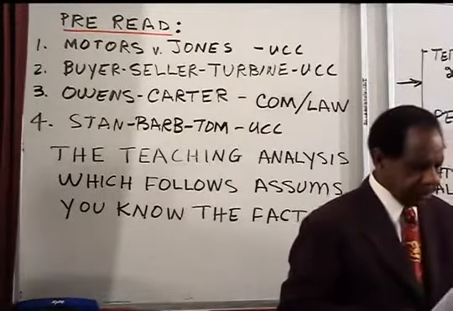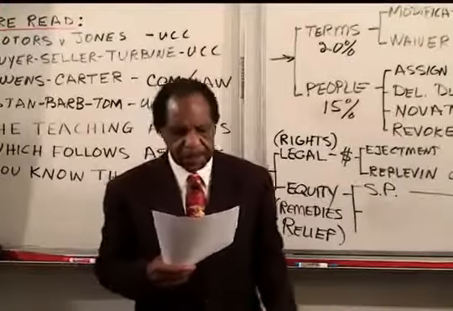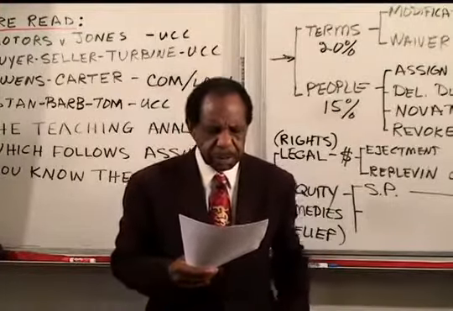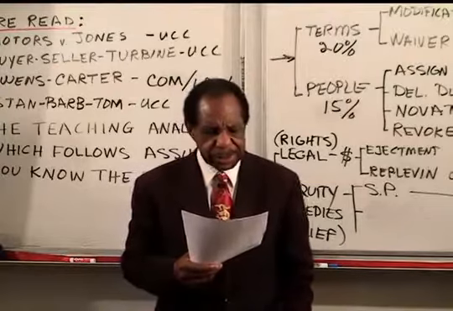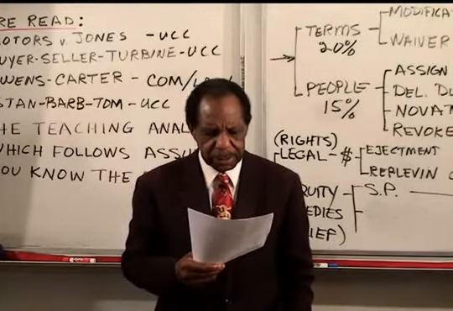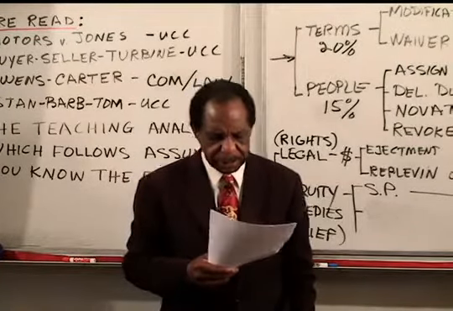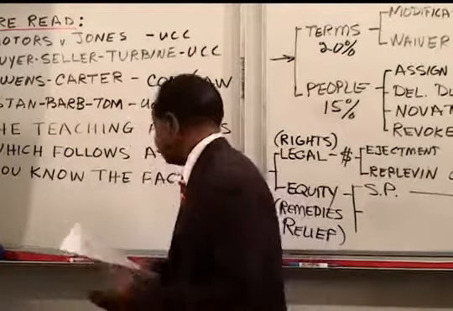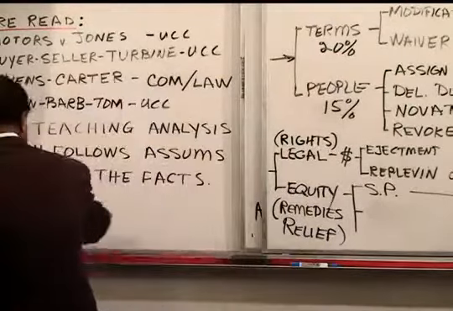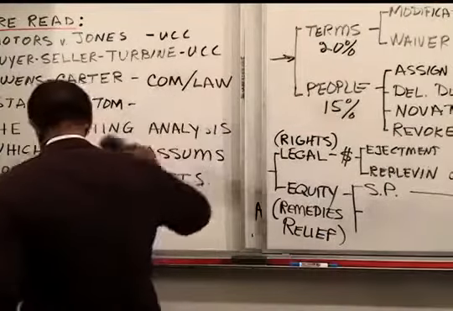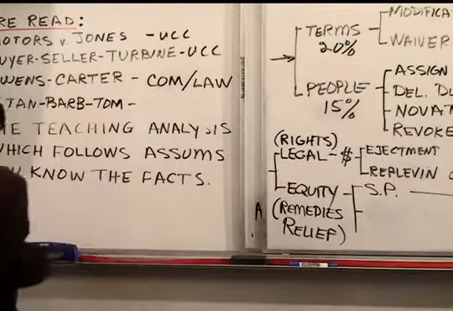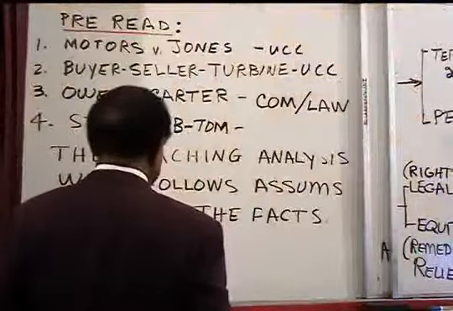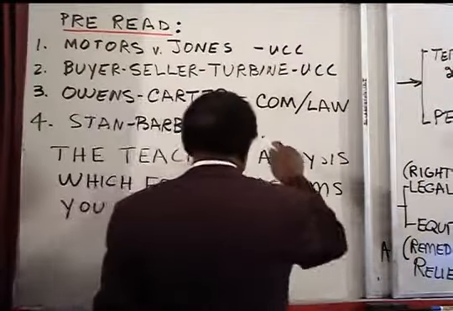In this Stan, Barb, Tom problem, the first paragraph says, Stan and Barb entered into a valid written contract. You know, this is not UCC. It's also common law. It's a sale of real estate. So we have two common law problems. I'll do them for you.